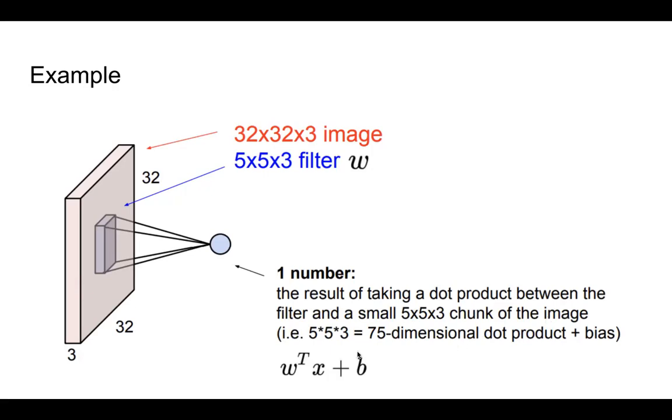That is a 5 cross 5 cross 3 equals 75 dimensional dot product plus the bias. We also have a bias term, so we just add that bias. The equation is W transpose X plus b, which gives this number.